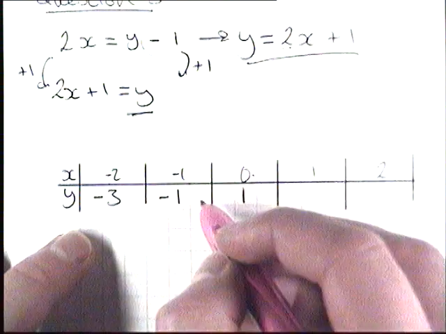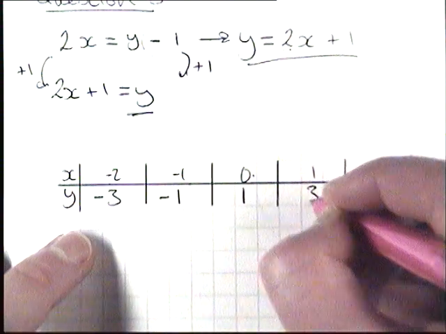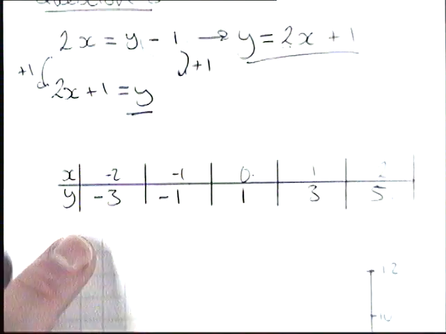And then our last two values, because we're adding 2 each time, is going to be 3 and 5.